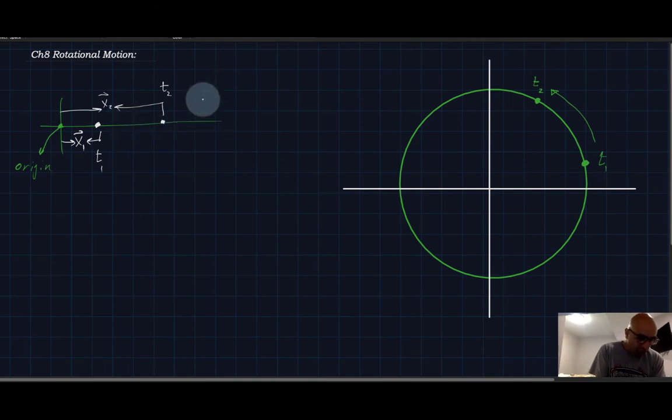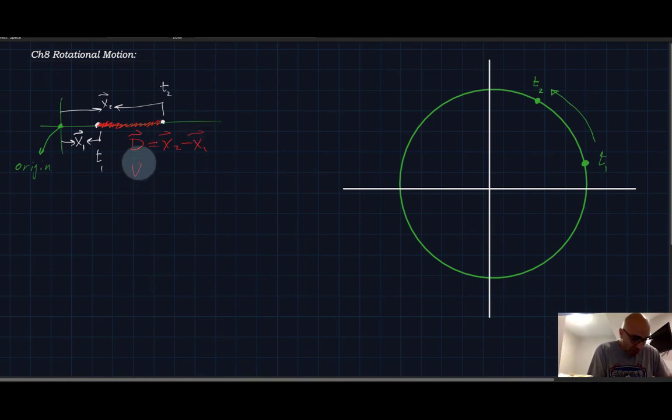And from there, we said, for example, this segment here, we called it the displacement, such that the displacement is equal to x2 minus x1, if you remember that. And we also mentioned velocity.